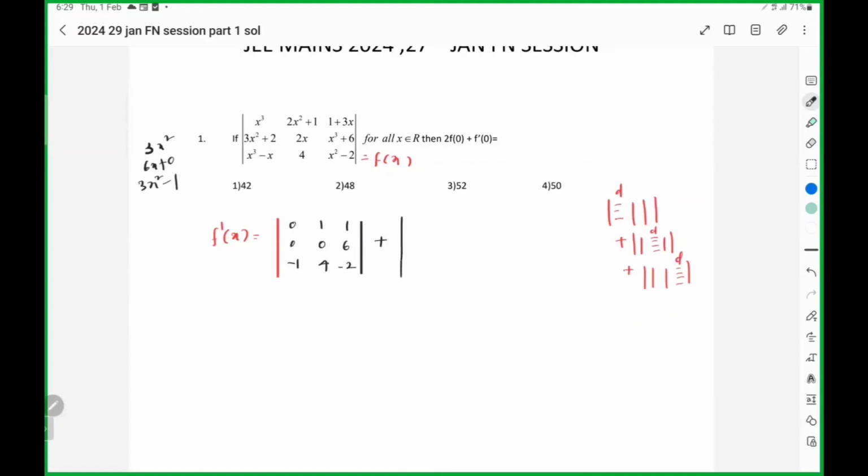Plus, so putting 0 in the first and third column in place of x, differentiate a constant we get 0. Differentiating the x squared row, we have 4x plus 0 and then after that 0 substitution.